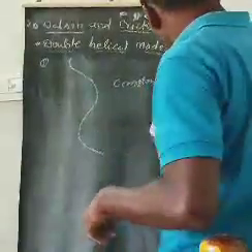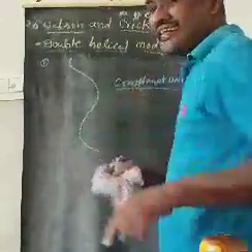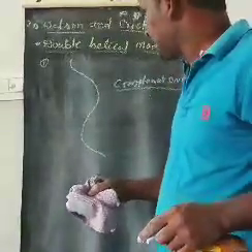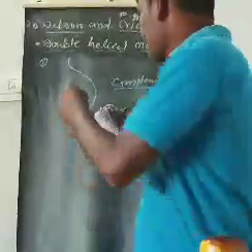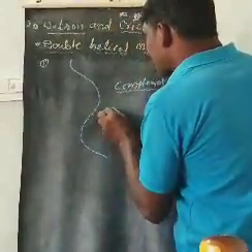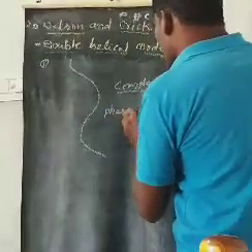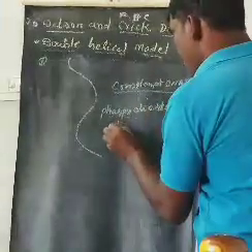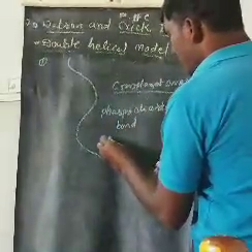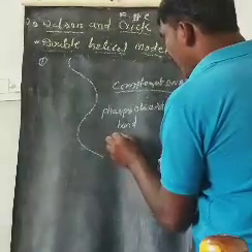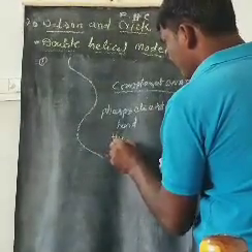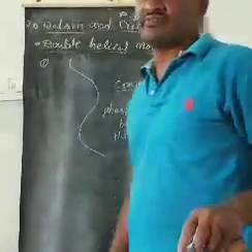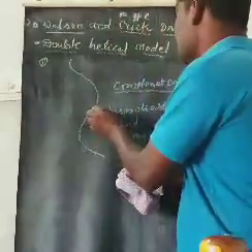So this complementary DNA strand contains a number of nucleotides. Those nucleotides are connected by phosphodiester bonds and hydrogen bonds.